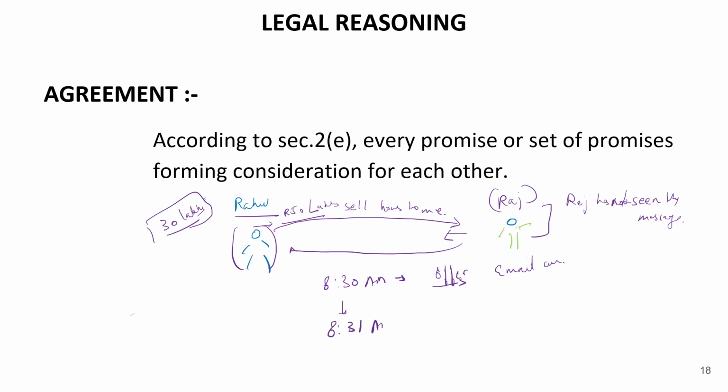So at 8:31 a.m., Rahul again sends the offer saying that I want to purchase a house for rupees 30 lakhs.